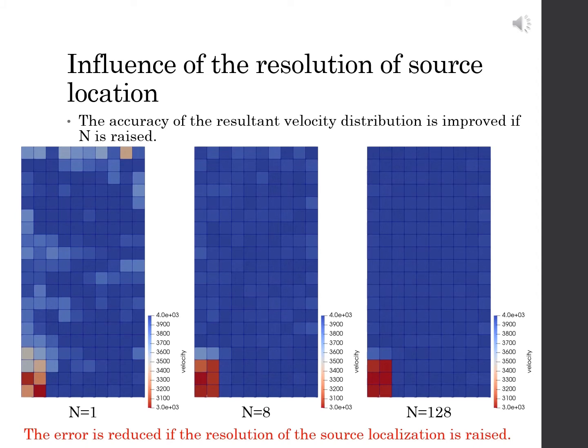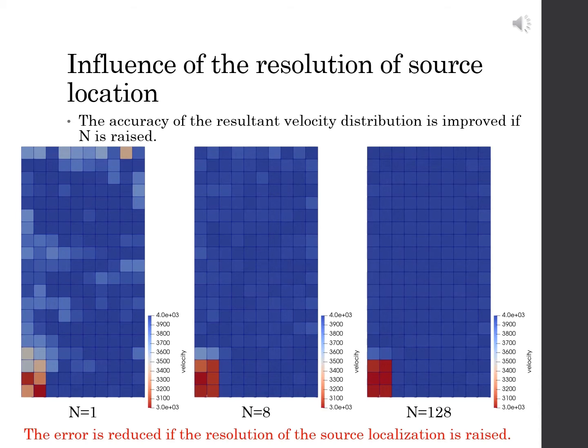So this figure suggests that the error is reduced if the resolution of the source localization is raised. So we could confirm that the resolution of the source location is a very important parameter to improve the resultant elastic wave velocity distribution.